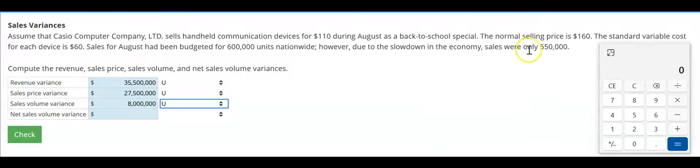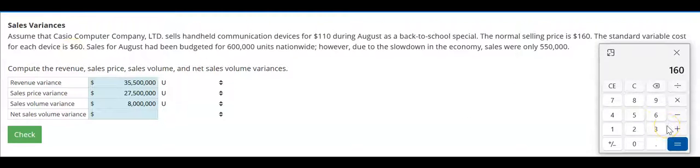Let's go back over here. Notice that we were going to sell these items for $160, and they gave us, it says, the standard variable cost or budgeted variable cost for each device is $60.